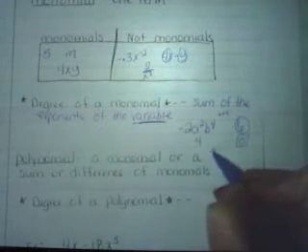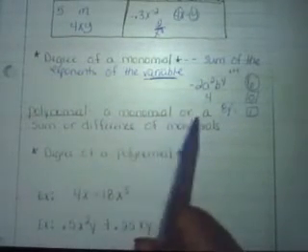And then if I have 8 times y, the degree is going to be your highest exponent, which in this case is 1. And if you look on your iPad app, there is a video that you can watch to explain that even further. Okay, a polynomial is a monomial or a sum or difference of monomials.